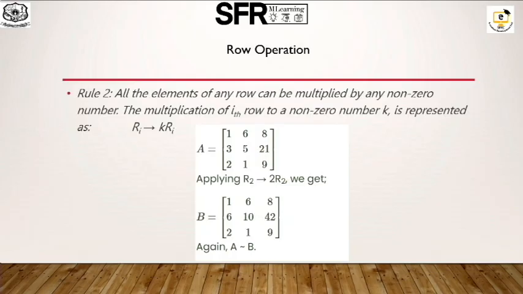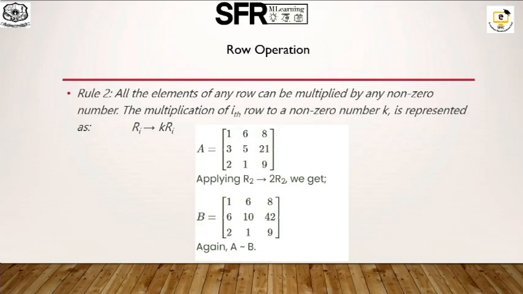Here k is the number 2, and we multiply this 2 with the elements in the second row. First, we take one matrix A that contains 3 rows and 3 columns. In this, note that the second row elements are 3, 5 and 21.